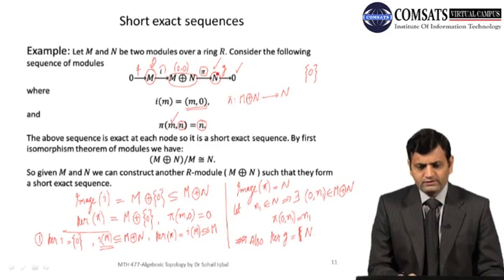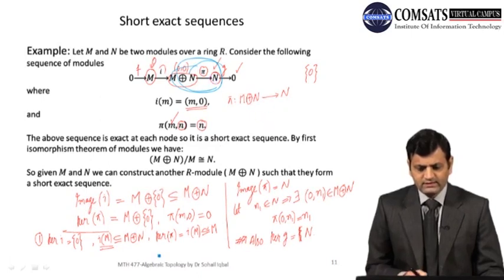Now if we apply the first isomorphism theorem to this map, then M plus N quotient with the kernel of pi must be isomorphic to the image of pi.